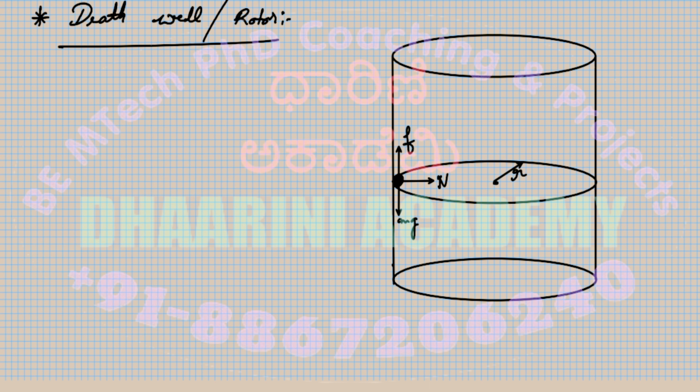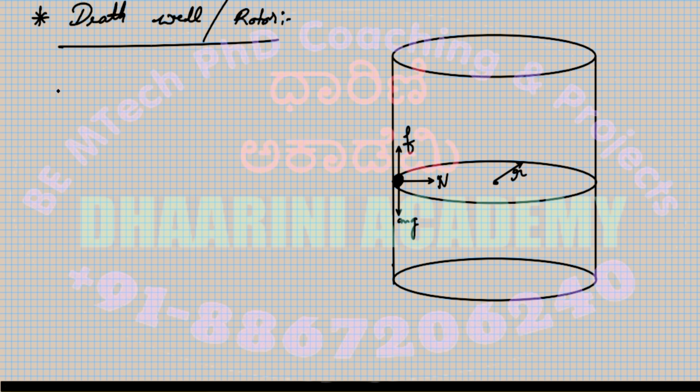So let's try to write like this. What is the concept, how is the person able to do this stunt by moving the vehicle on this path? That is because there is an F, which is the frictional force. That frictional force is going to balance the weight of the bike plus person.